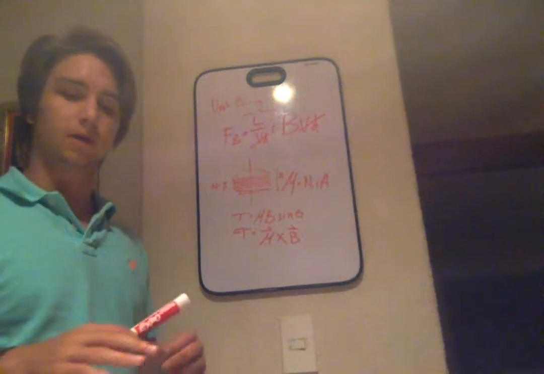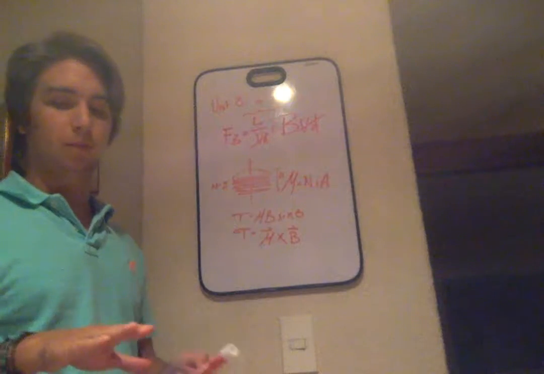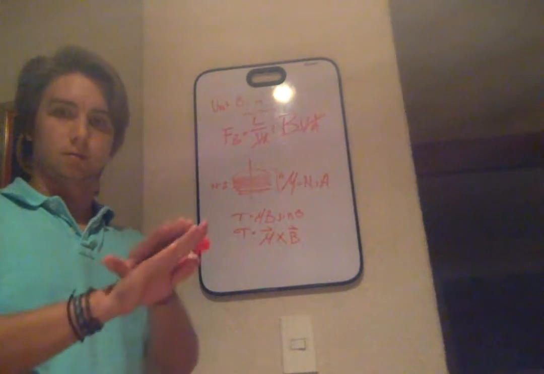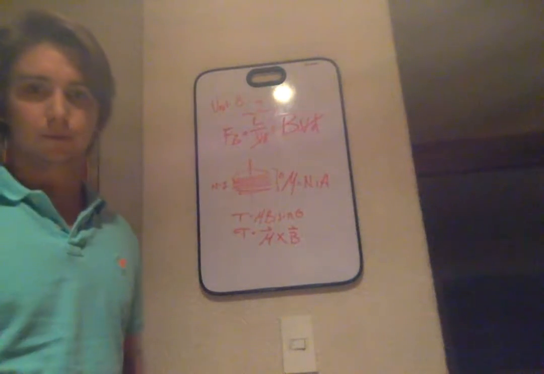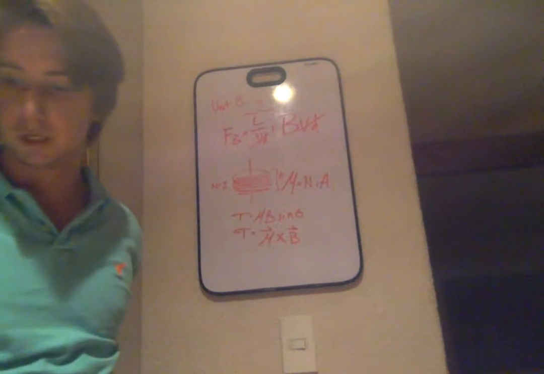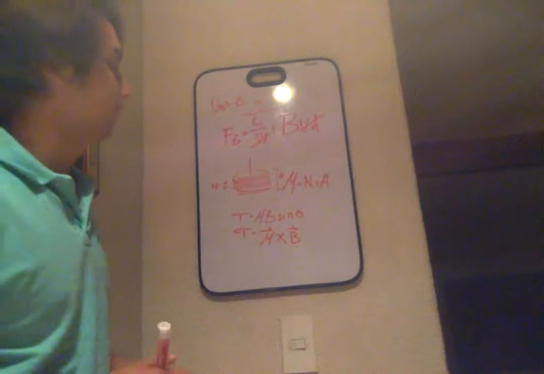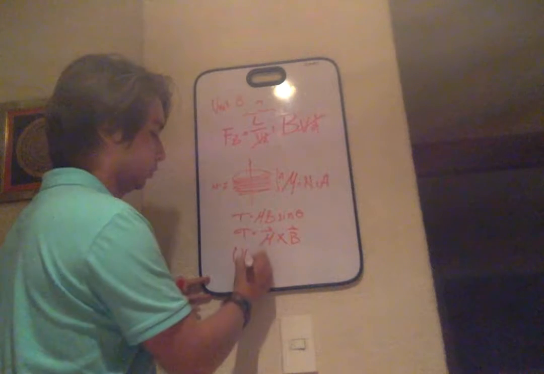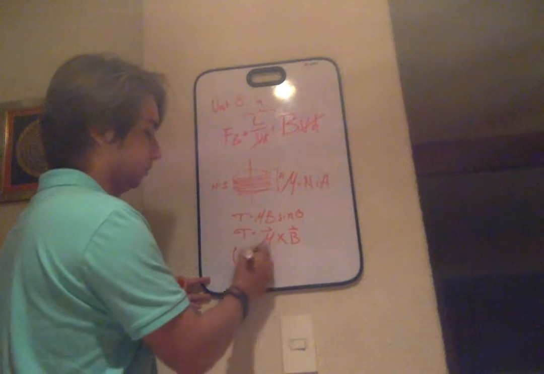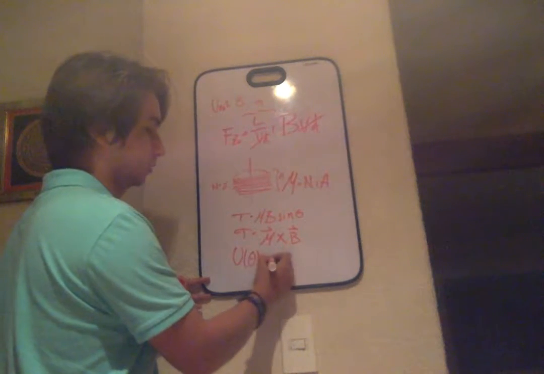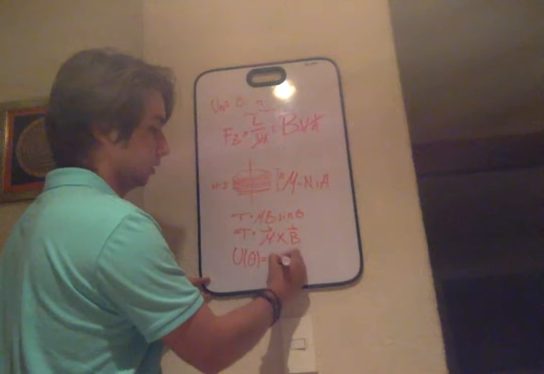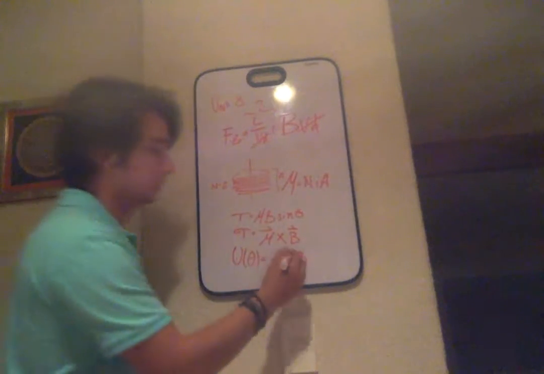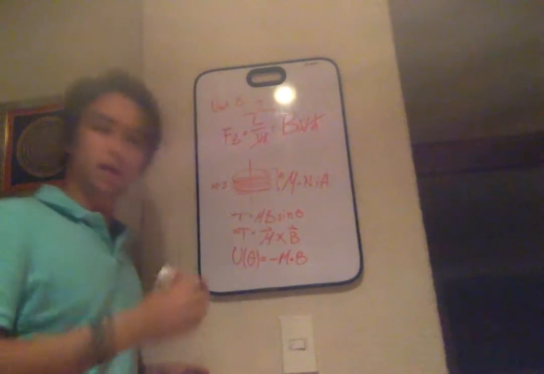And if the dipole moment and the magnetic field are unaligned, then you have the maximum potential energy, and that potential energy can be seen as U of theta equals minus mu times B. No, that's a dot product.